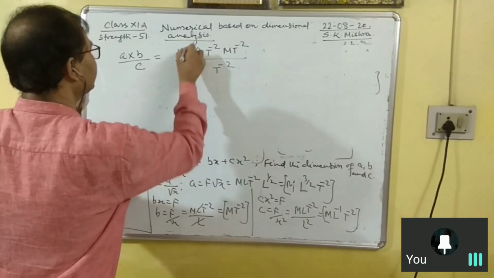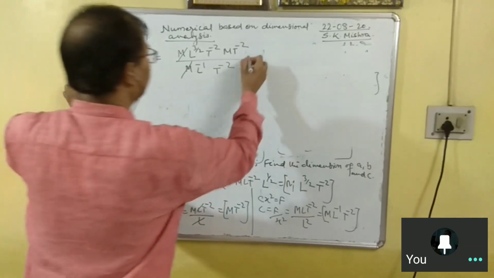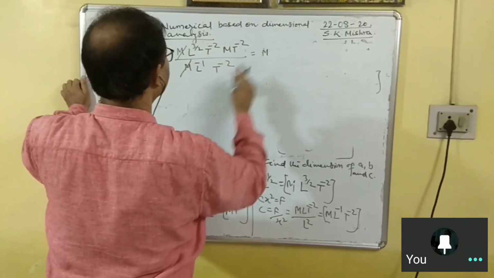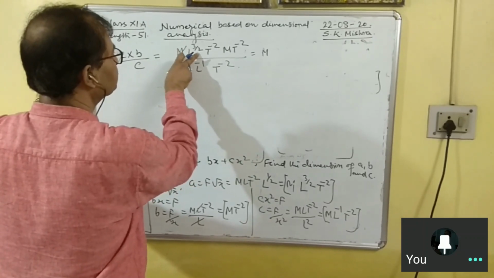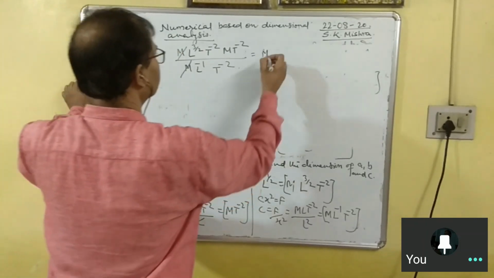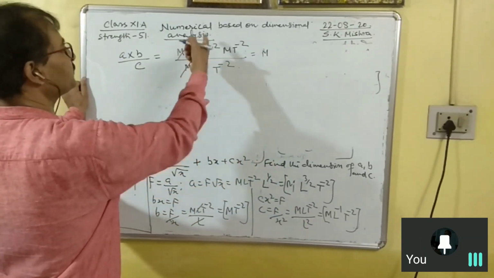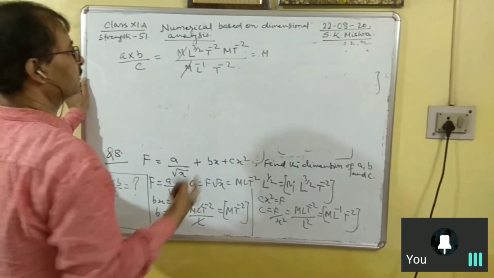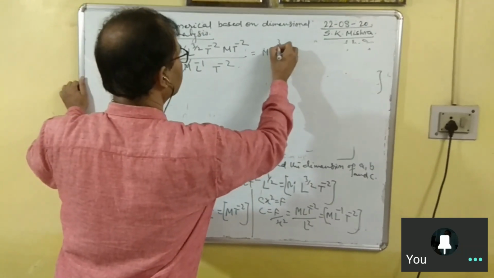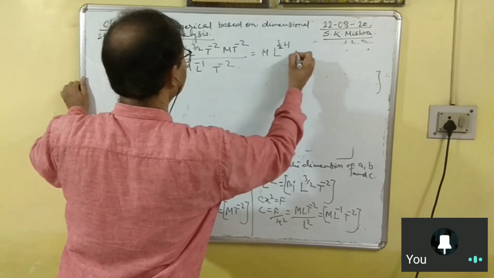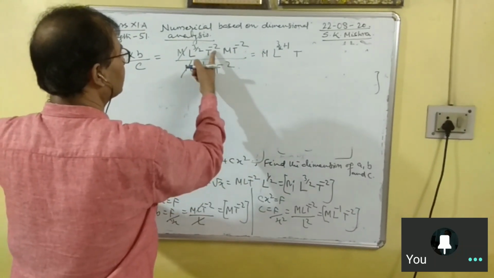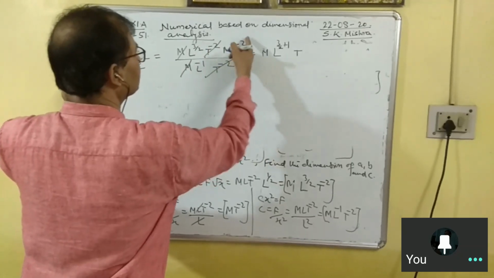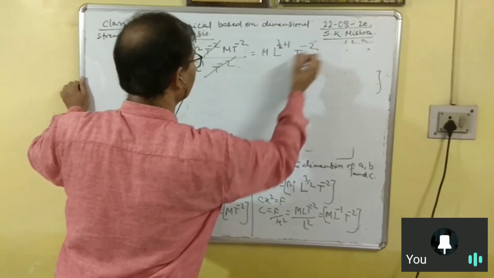So you can cancel one of them, and then L raised to minus 1, L raised to 3 by 2, so it's L raised to 3 by 2 plus 1, and T raised to minus 2 cancels out.